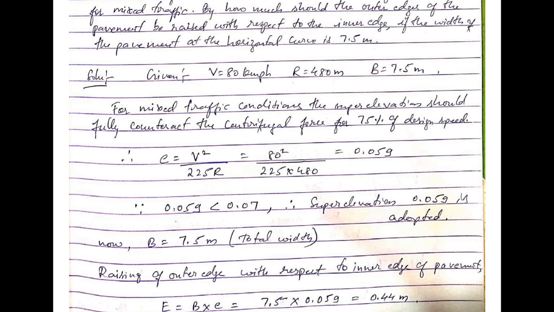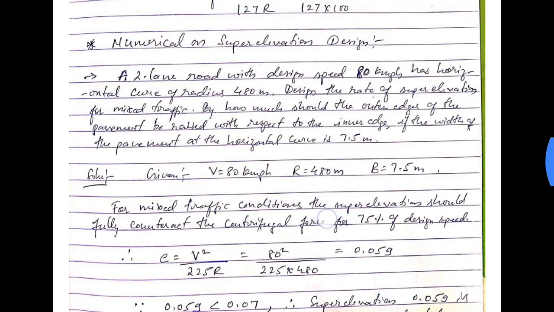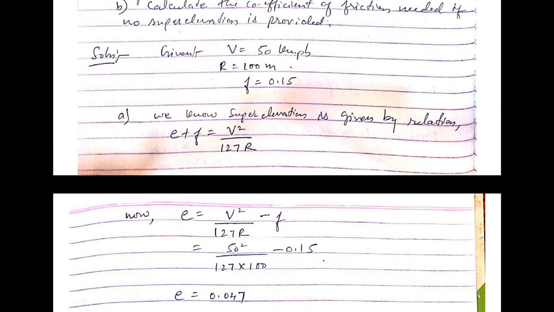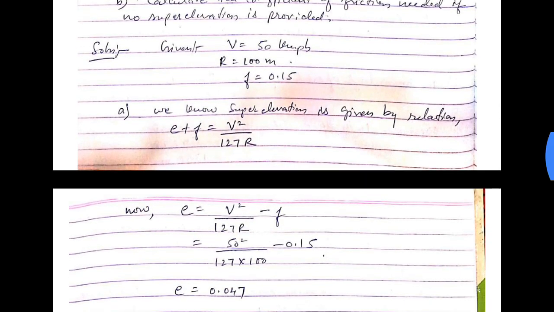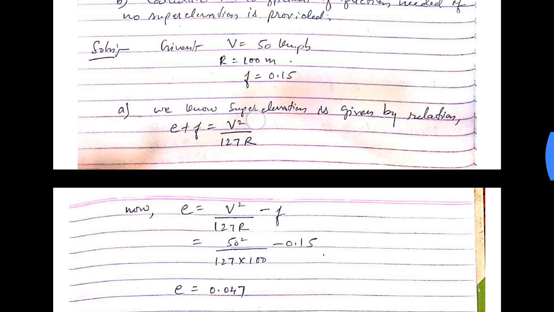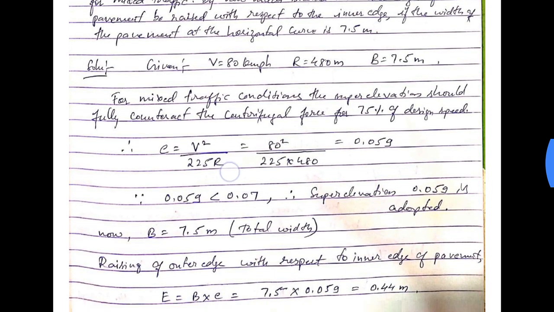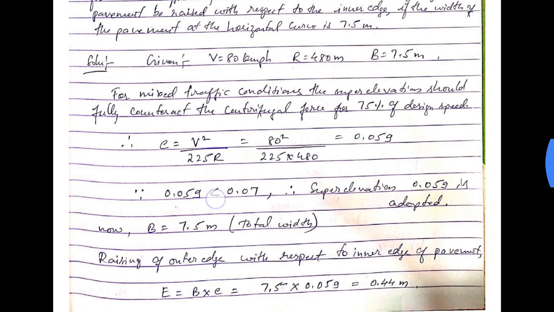Okay, so in the formula E plus F equal to V square by 127 R, when you substitute 0.75 V here instead of V, you get this formula. Okay, this I have already discussed in the theory classes.